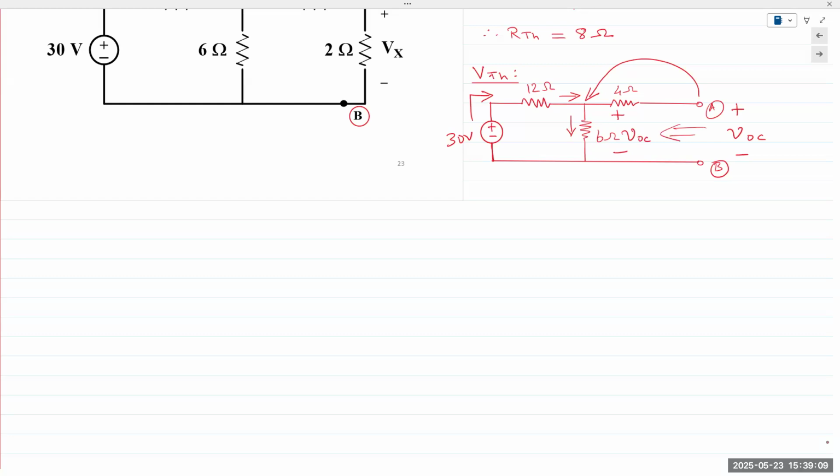So there are only two resistors in the circuit, the 12 and the 6 ohm. And so I can draw the circuit like this. So you have 30 volts.